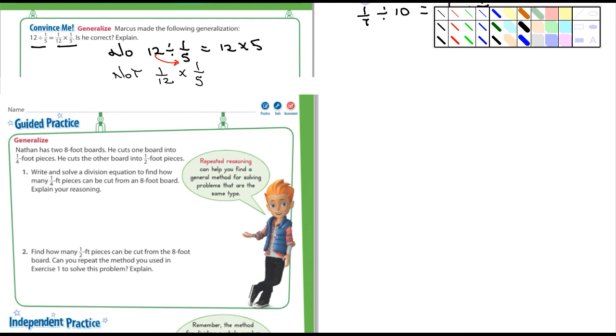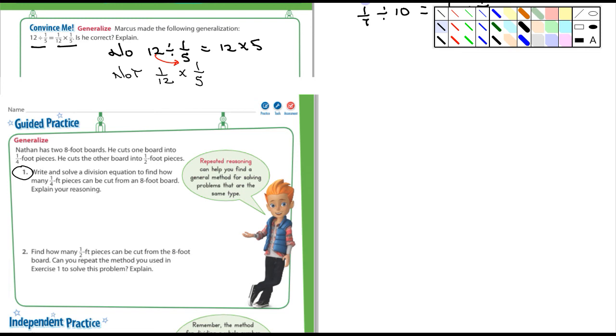Write and solve the division equation to find out how many 1/4 foot pieces can be cut from an 8-foot board. Explain your reasoning. So let's just deal with number 1 here first.